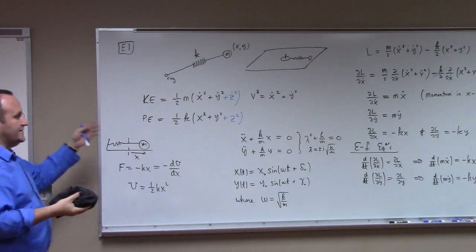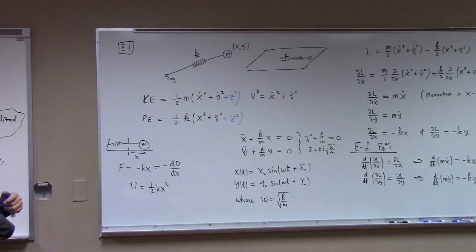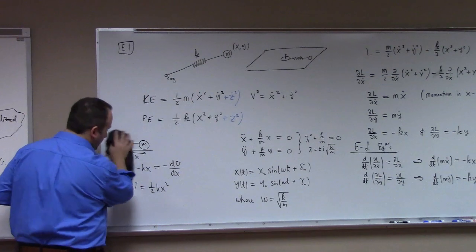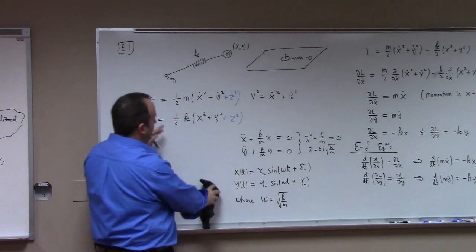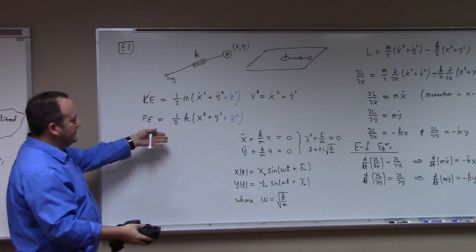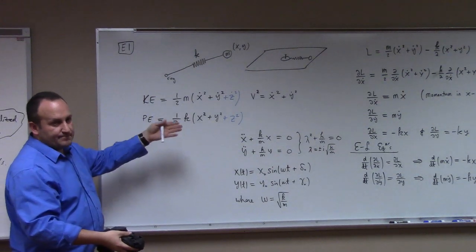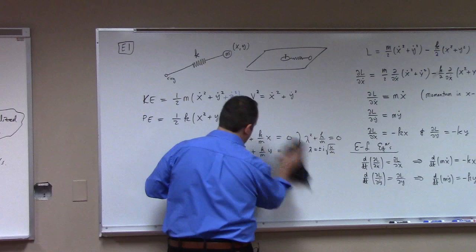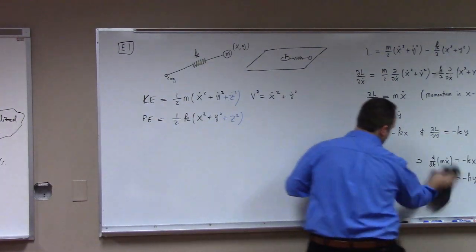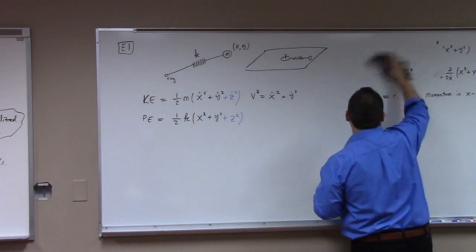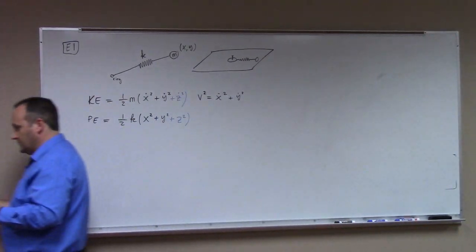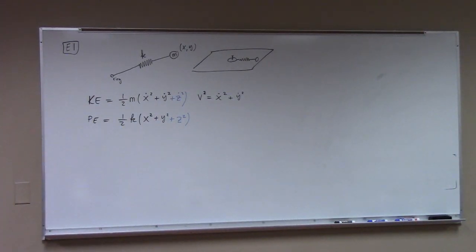Now, in this case, I think spherical coordinates might be nice. So what would the kinetic energy in spherical coordinates look like? We could go through the Cartesian coordinates, but let's not do that. Let's jump to sphericals, and let's use physics sphericals, if you don't mind.